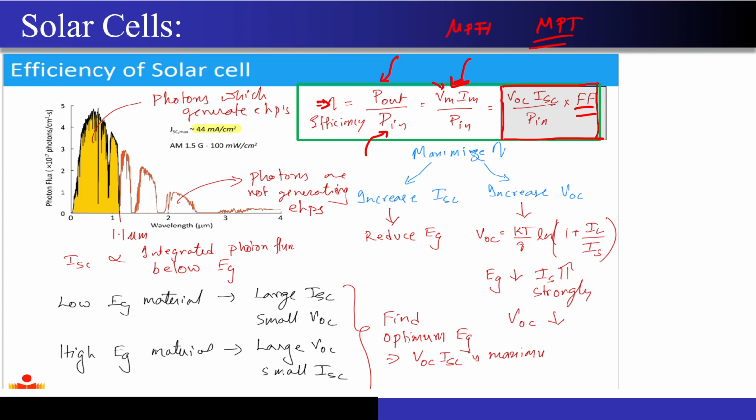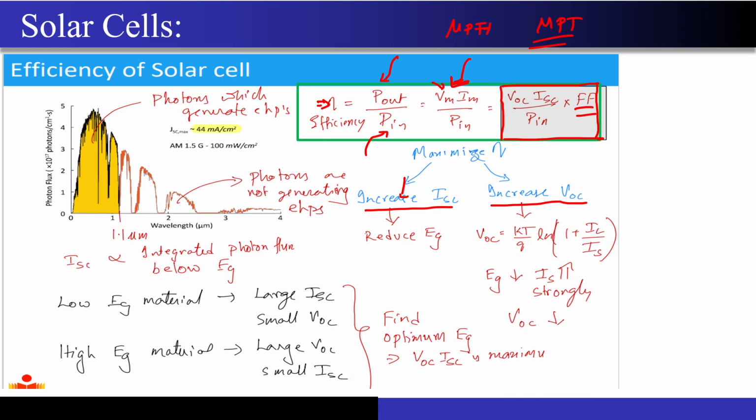And one more thing that you might ask is, how can I increase this efficiency? I can do two things. One is I can increase the short circuit current, the other is I can try to increase the open circuit voltage. How can I increase the short circuit current? This short circuit current is actually the current generated because of the shining of light.